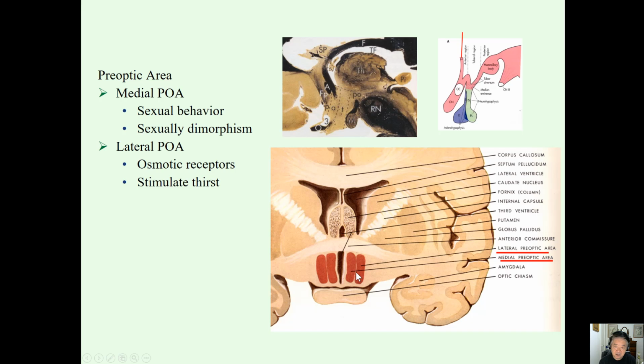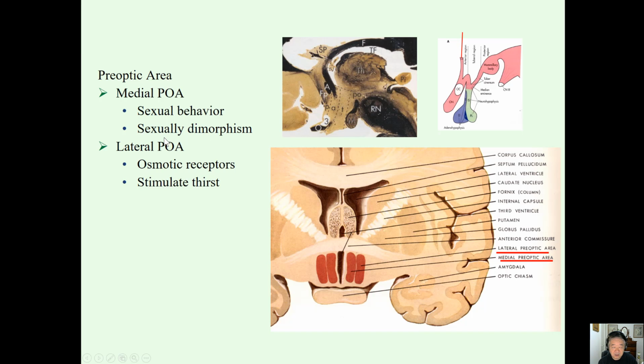We call them two different areas because they have different functions. In the medial preoptic area, you will have nuclei which differ between males and females and control different sexual behavior.